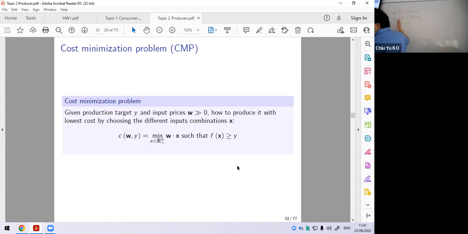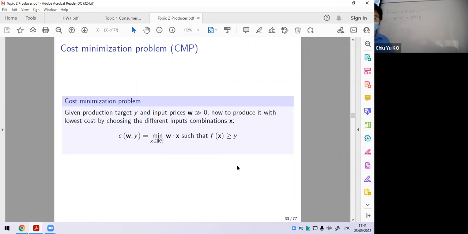So you can see exactly the same structure, because before, U we assumed is strictly quasi-concave, right? So here, f is also strictly quasi-concave, monotone, right? U is monotone, everything is the same. So nothing new here in terms of math.